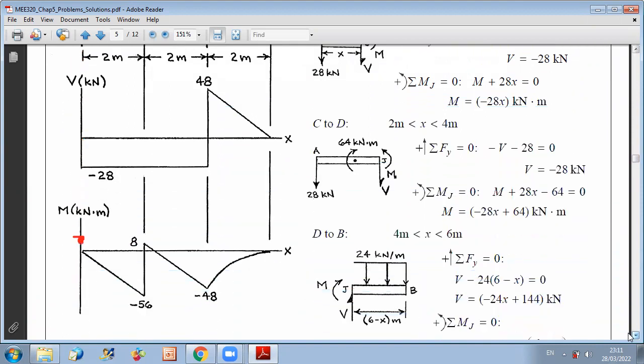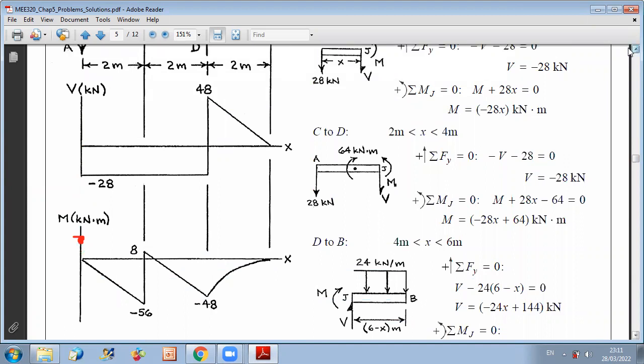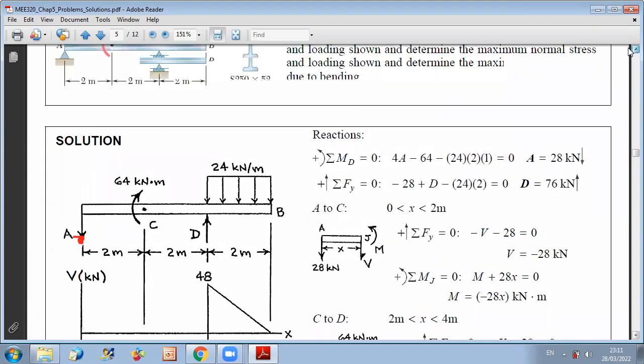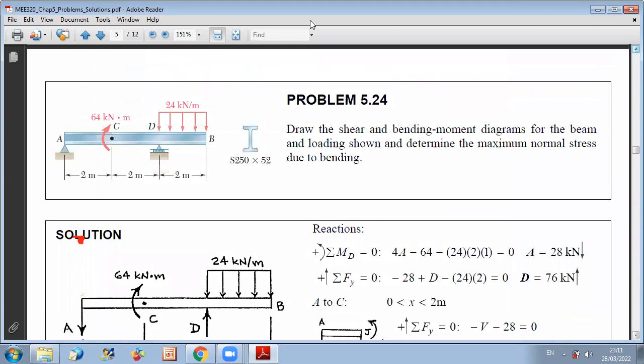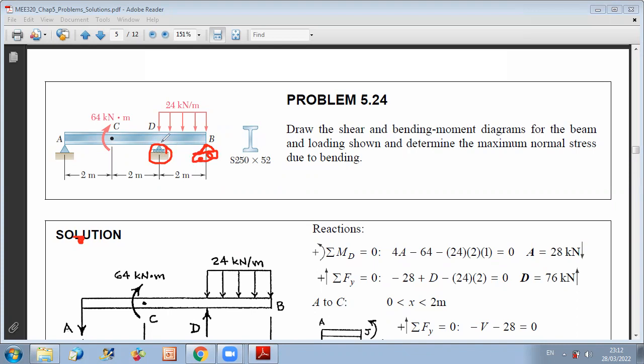So now, sorry, here at D it's not 0 because D is not at the extremity of your beam. Okay, so when your roller is at the extremity, it should be 0. However, here your roller is in between. Whenever your roller is in between, you can have a bending moment at it that is different than 0.